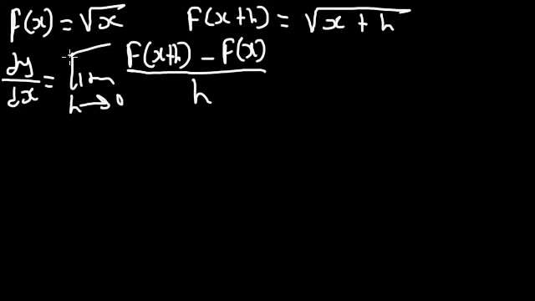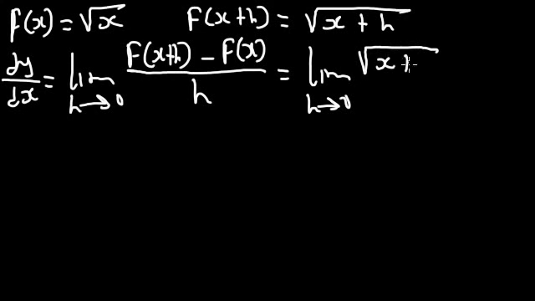Now we can plug in our corresponding values right in the expression. So we now have dy/dx equals the limit as h approaches 0 of the square root of x+h minus the square root of x, then all divided by h.